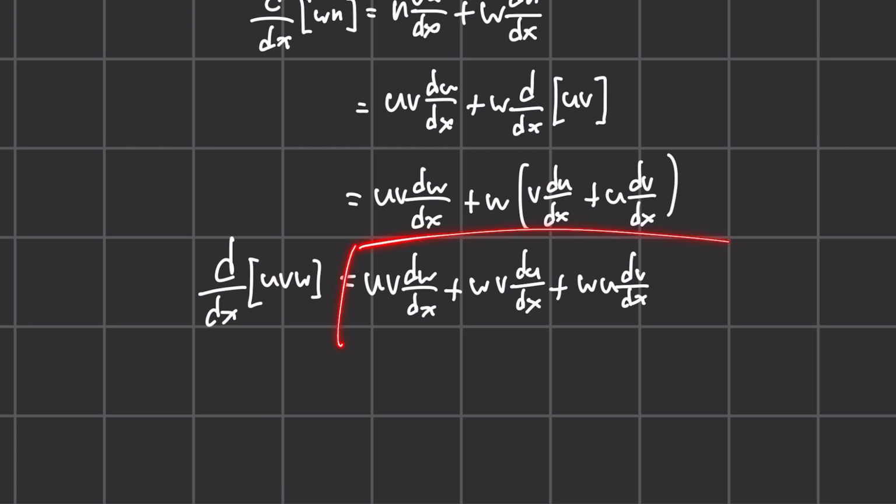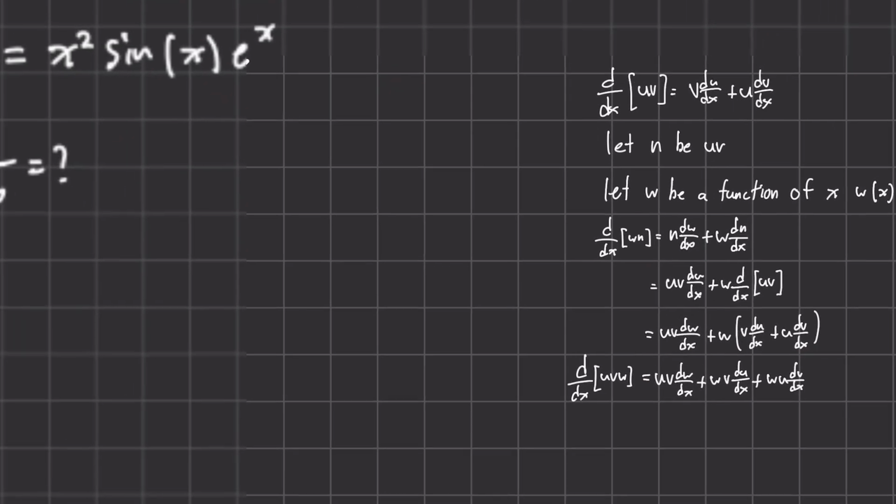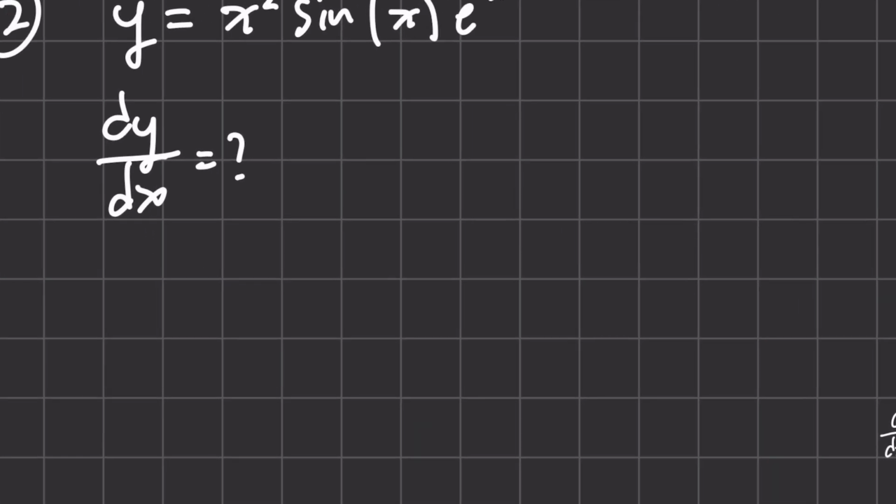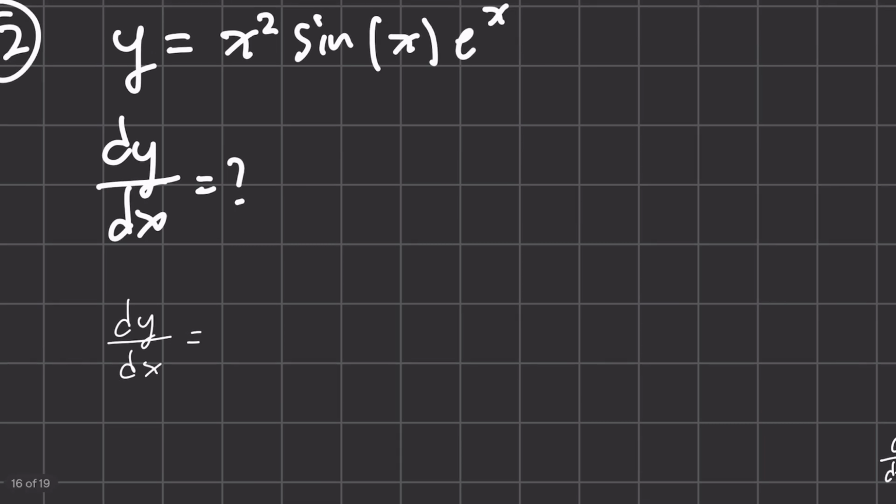Well, that's quite long, but it is whatever this is, and we can simply apply that here. So applying the derivative operator to both sides, we get that dy/dx is going to be equal to the first two functions, x squared sine of x, times the derivative of our last one.